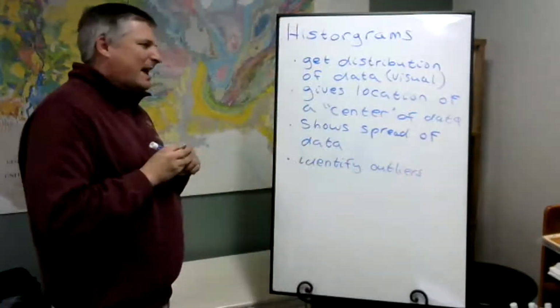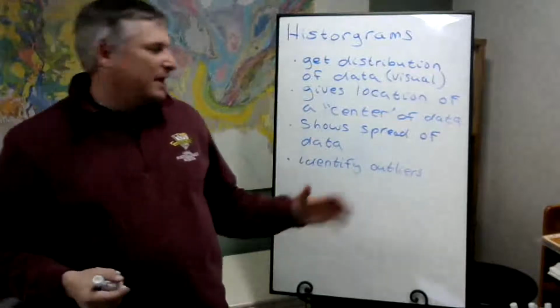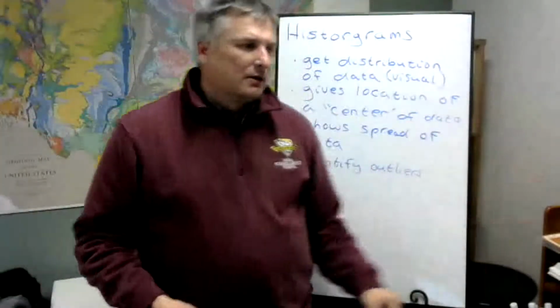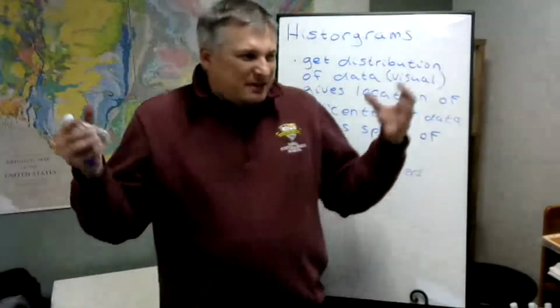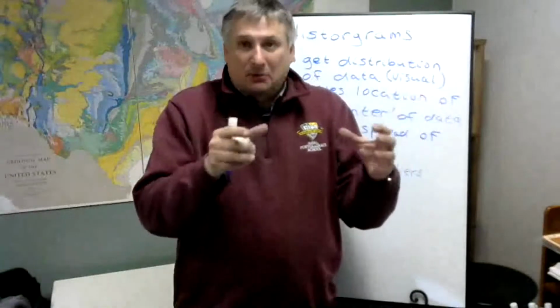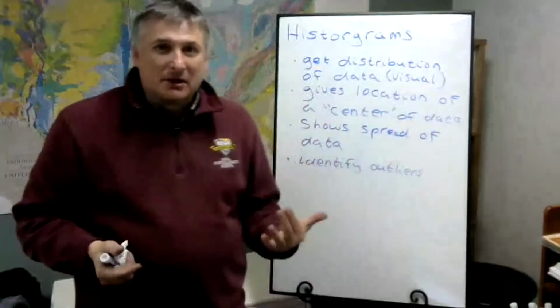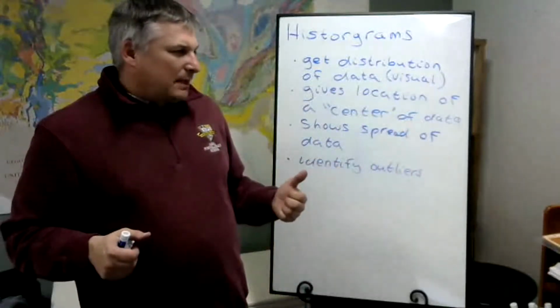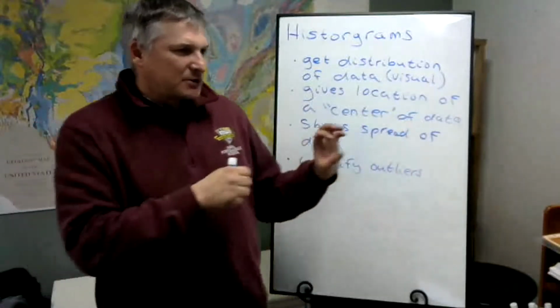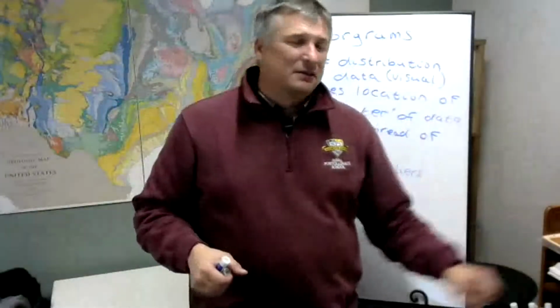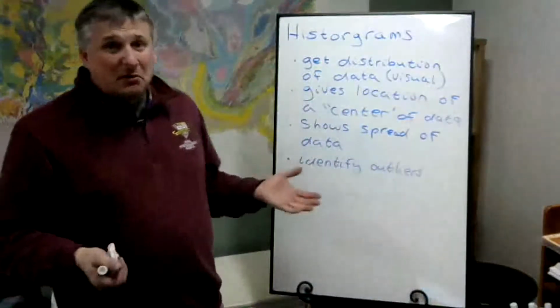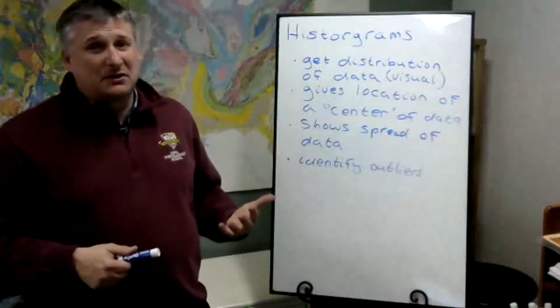Now, outliers are pieces of data just kind of way out there. We have this center of data where the data seems to be sort of gathering, and that might be the peak of our data. I mean, that's what we're looking at here in the histogram. So in this case, an outlier is going to be kind of far removed from that, and we'll be able to see those. So these are advantages of histograms.